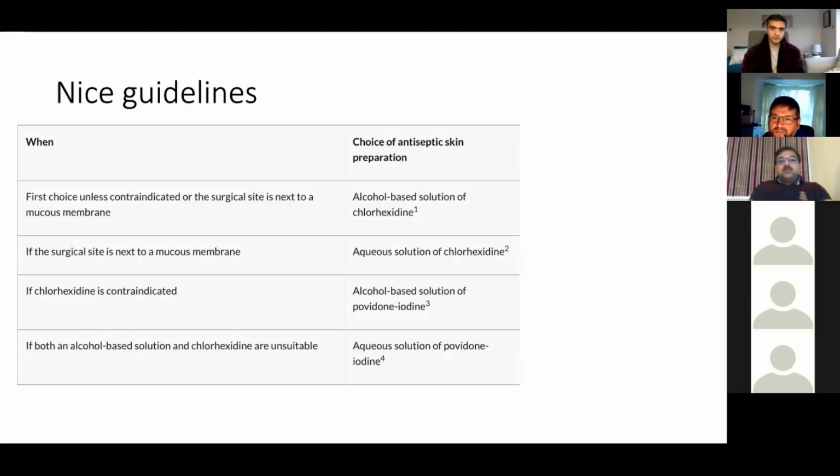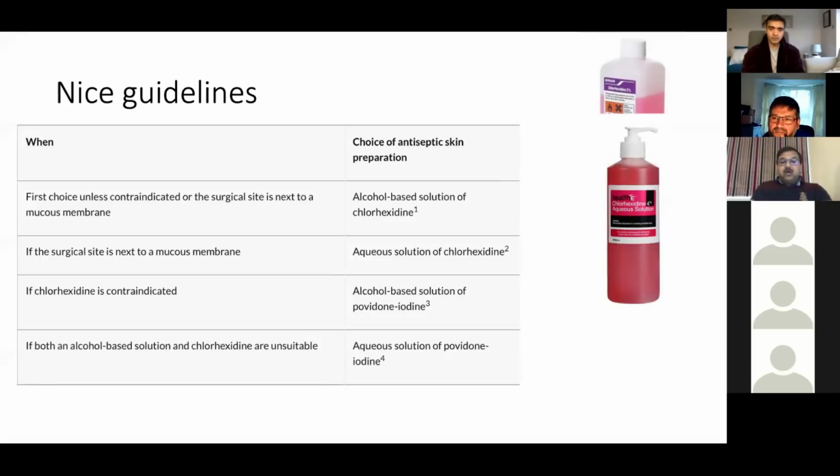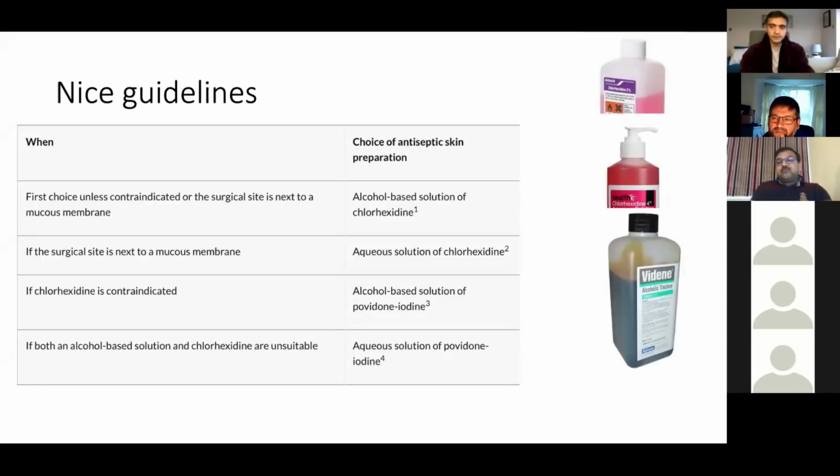An alcohol-based solution of chlorhexidine is the first choice, if it is not contraindicated or the surgical site is not next to a mucous membrane. If the surgical site is next to a mucous membrane, use an aqueous solution of chlorhexidine. If chlorhexidine is contraindicated, use alcohol-based povidone iodine, or if alcohol-based solutions are unsuitable, an aqueous solution of povidone iodine.